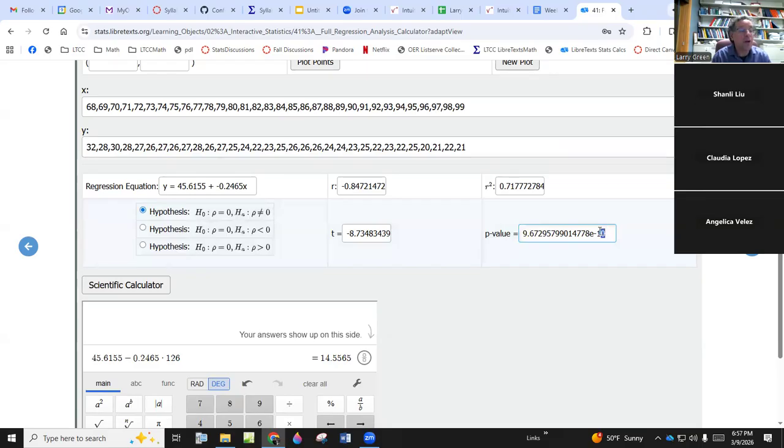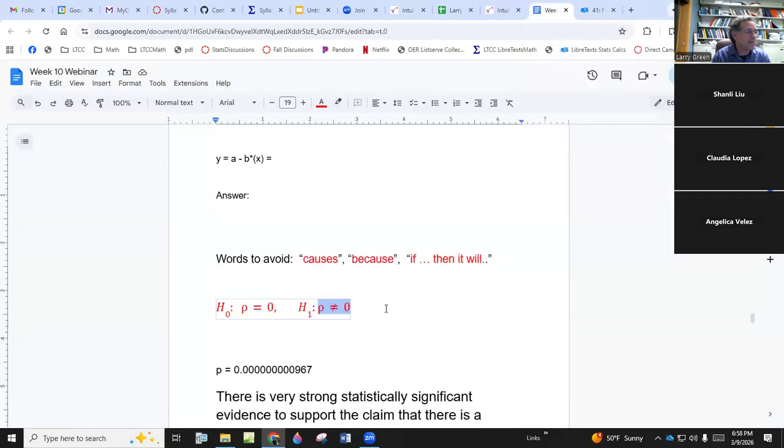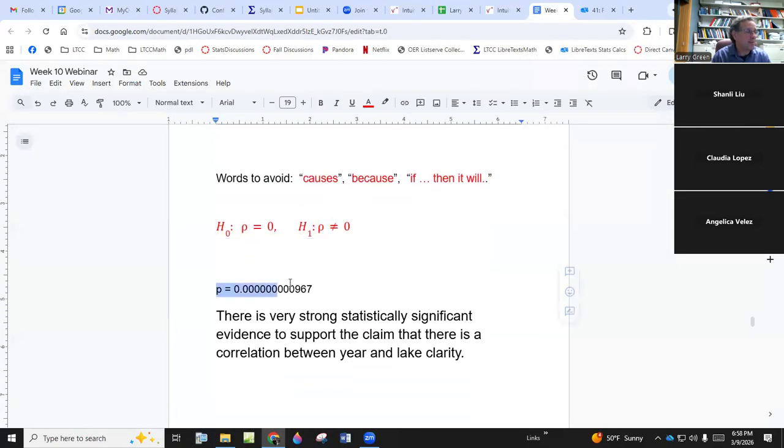You have to look over to the right and see this E negative 10, which means you need to move the decimal over 10 places to the left. The first just moves it here, and the other 9 places put zeros in. So by doing that, here is the p-value: 0.00000000967. Tiny, tiny, tiny p-value.